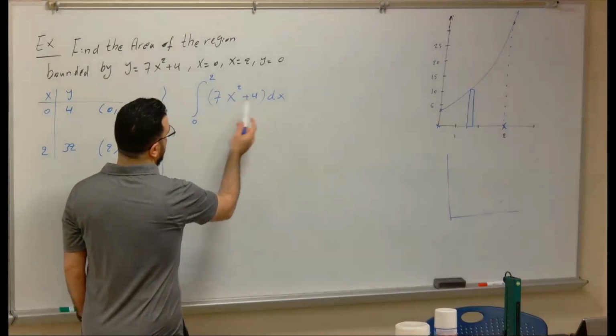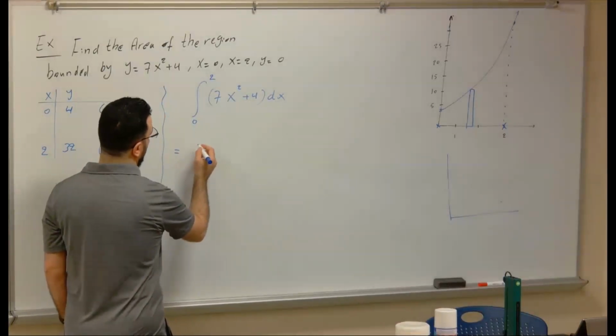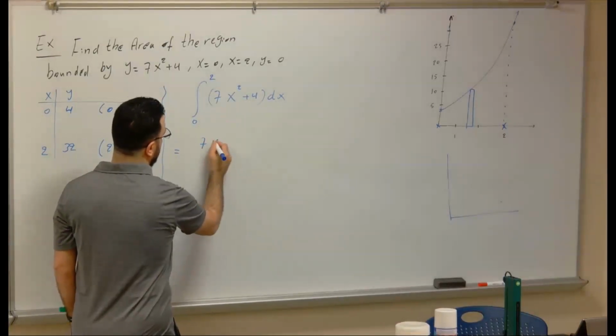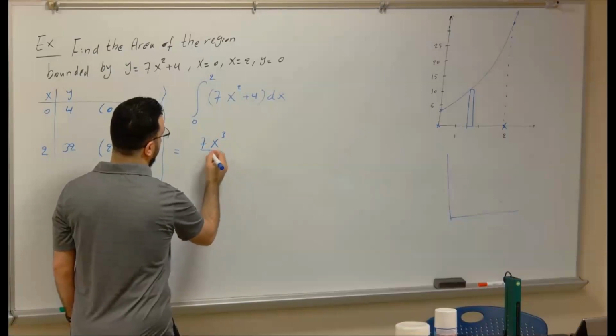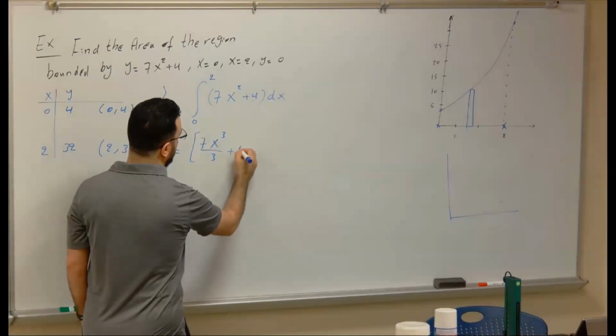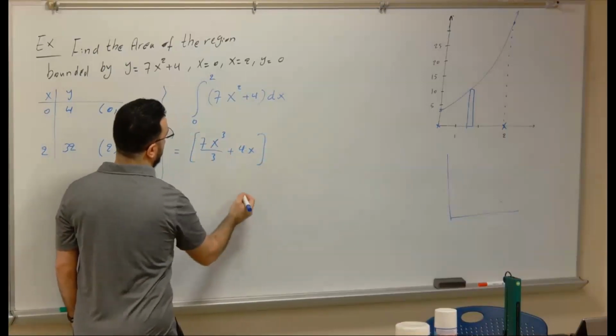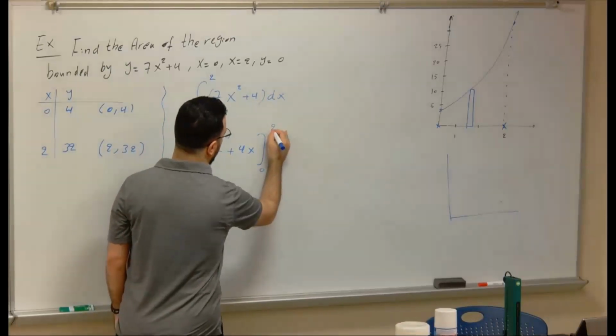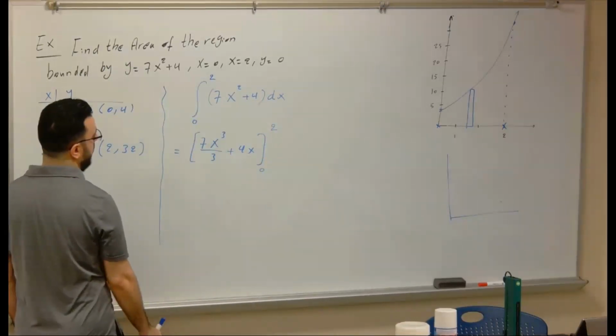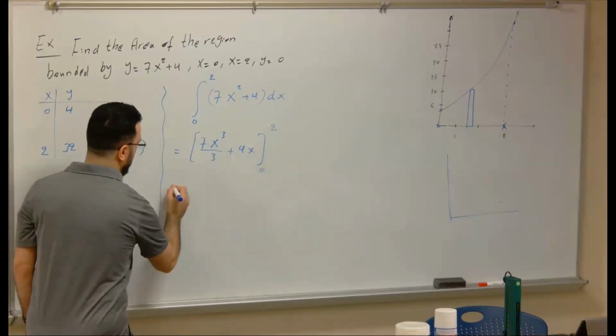So let's find the integral for this one, which is equal to 7x cubed over 3 plus 4x, from 0 to 2. Then plug in the 2.